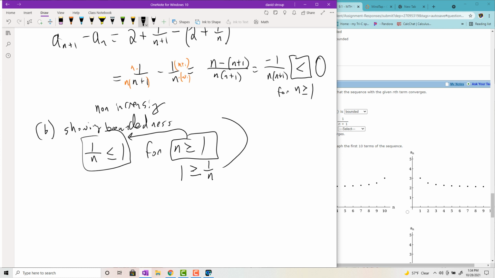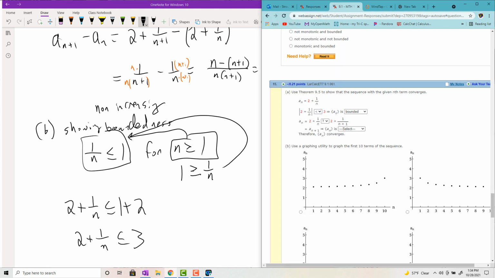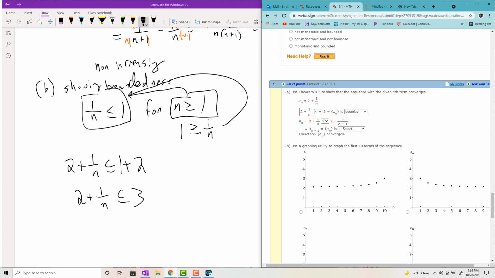And then rewriting it a bit, it's just 1 over n is less than or equal to 1. Then if you add 2 to both sides of that inequality, you get 2 plus 1 over n is less than or equal to 1 plus 2. So 2 plus 1 over n is less than or equal to 3, which is what they have in that first step there. So it's bounded.